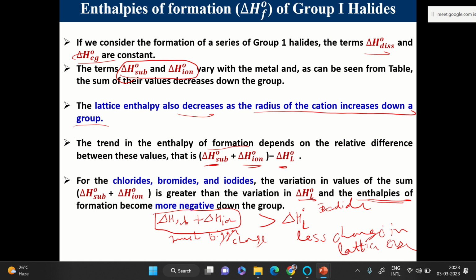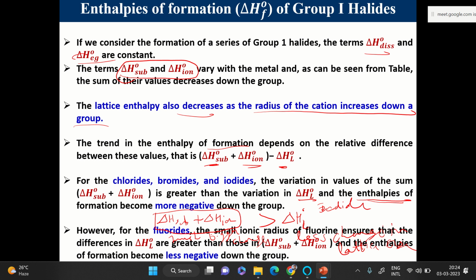So for all iodides, the variation from lithium to cesium will come out based on these things. Down the group, sublimation energy decreases, ionization energy also decreases, and lattice enthalpy decreases because the cation is becoming larger, but the decrease in this value is much more than the decrease in lattice enthalpy.